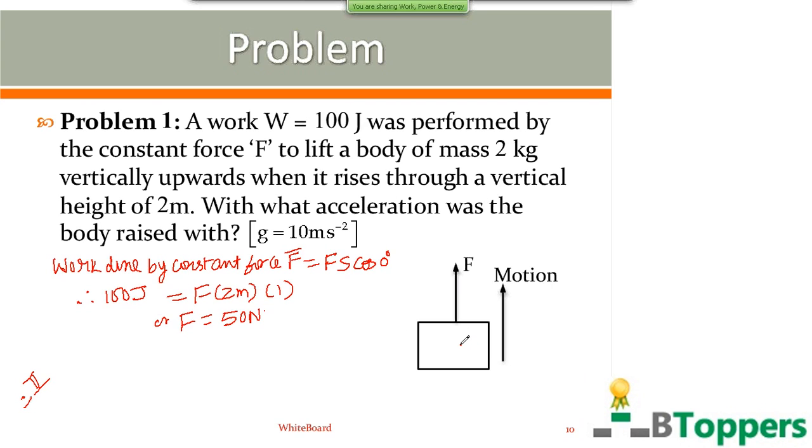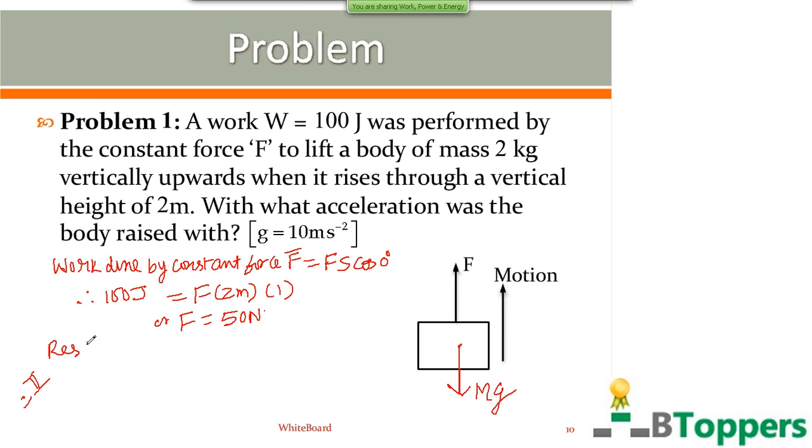To find the acceleration, we have to apply Newton's second law. F represents the magnitude of the constant force applied by an external agent which acts in the direction of motion. The weight mg of the body acts vertically downwards, opposite to the motion.